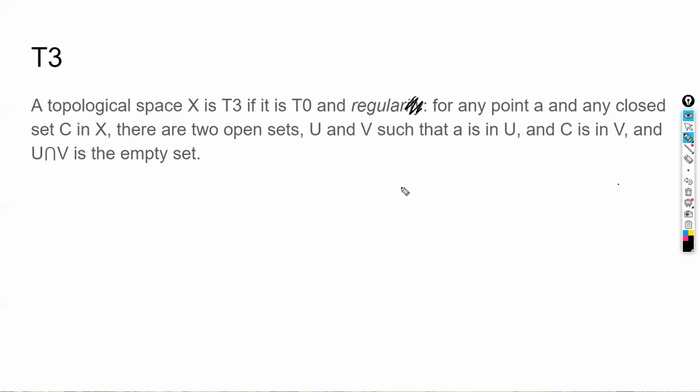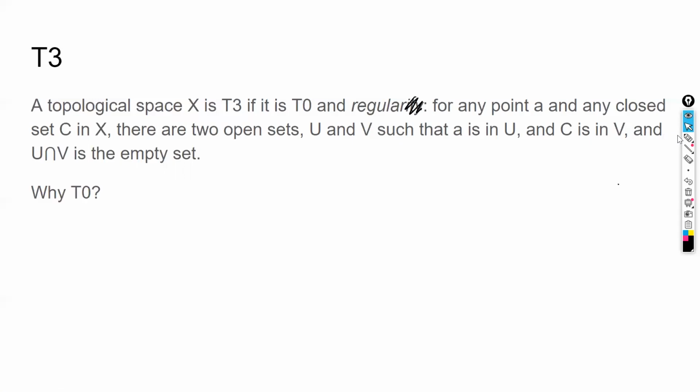So a topological space X is T3 if it is T0 and regular, which means for any point A and any closed set C in X, there are two open sets, U and V, such that A is in U and C is in V, and U intersect V is the empty set. So now, instead of thinking about separating points, we're thinking about separating points and closed sets using open sets. All right, so this is like the next level up.